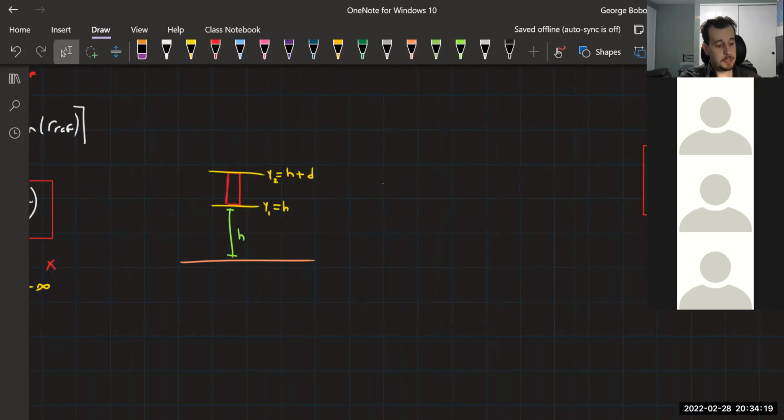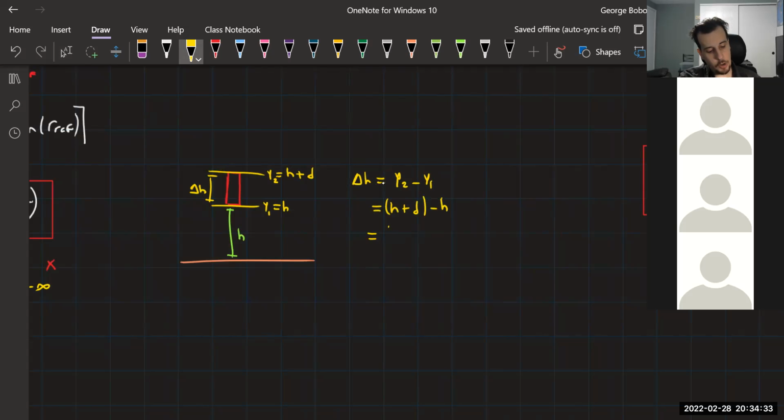So if you want to find the change of your height here, what is it? It is y2 minus y1, or h plus d minus h, and you notice how you get what you expect.